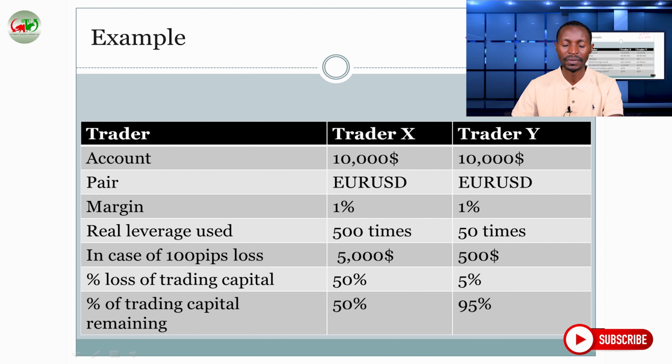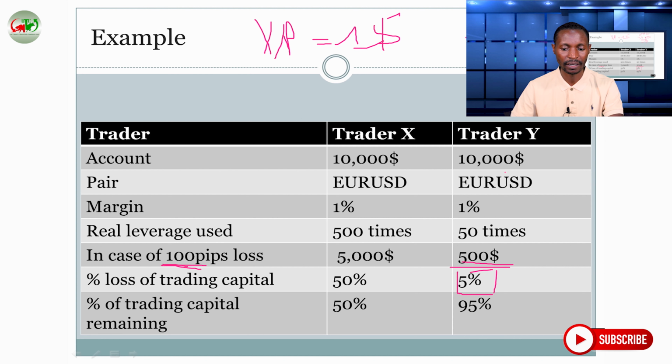And as you remember, the value per pip for a mini lot is approximately $1. It means that for 5 mini lots, he will be losing $5 for every pip, which means that after 100 pips of loss, he will only lose $500, which is equivalent to 5% of his account.